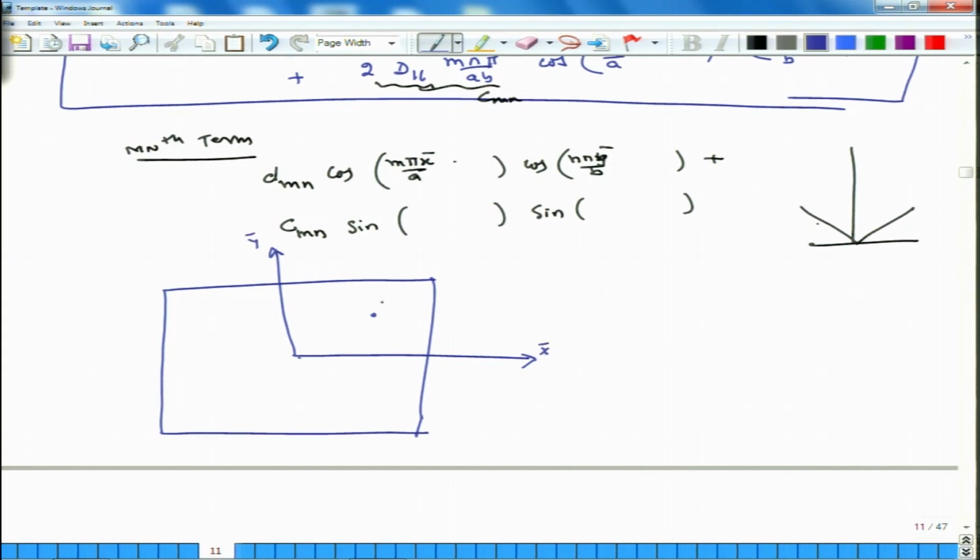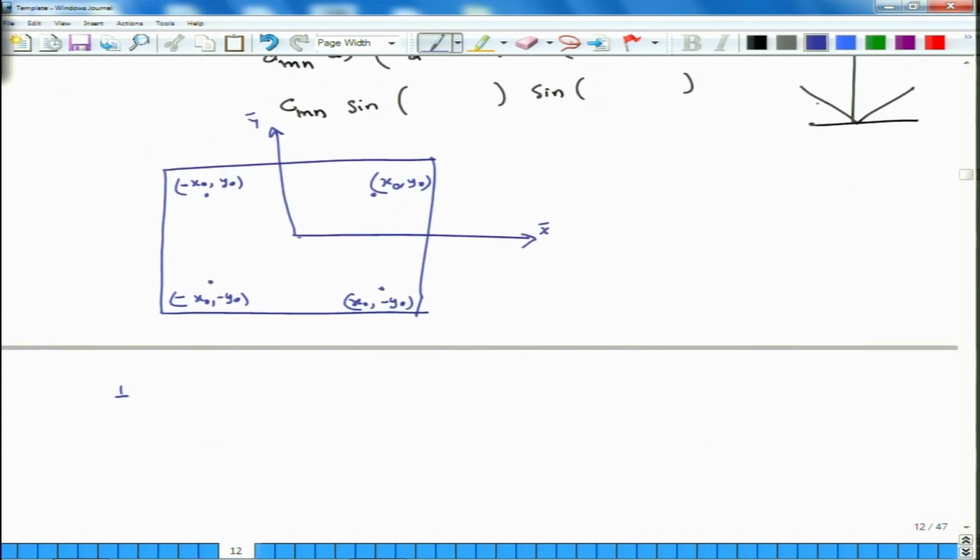So consider a point x naught, y naught, and consider a point minus x naught, minus y naught, same point but on the other side, and then the third point is minus x naught, y naught, and the fourth point is x naught, minus y naught.